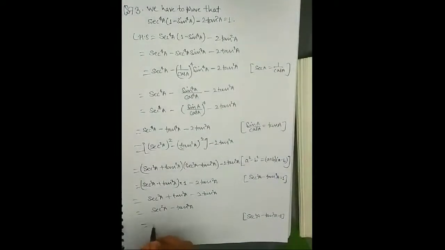So sec square A minus tan square A, that is 1, equal to RHS.